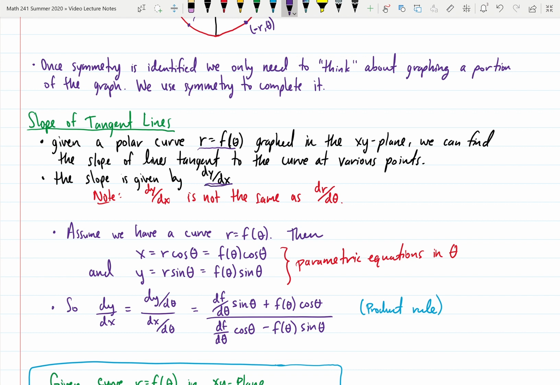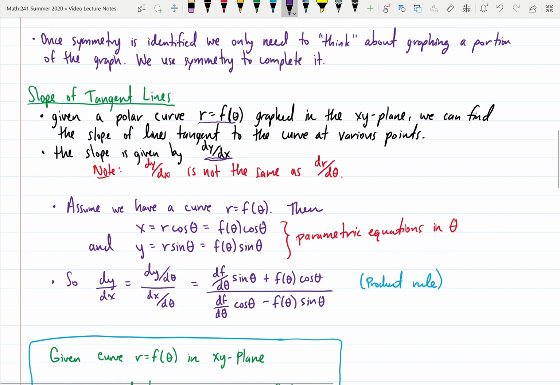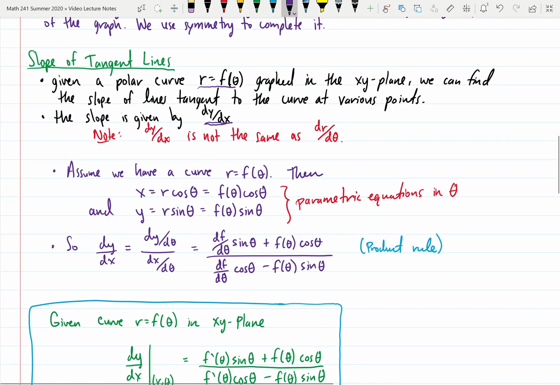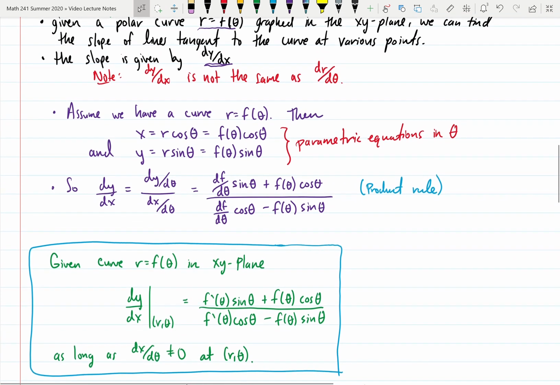But you should remember from Calc 2, when you talked about parametric equations, that dy/dx sometimes takes a bit of extra work to calculate. dy/dx is not the same as dr/dθ. If you calculated r prime with respect to θ and submitted that as dy/dx, you should not expect too much credit. They're very different things, so I'm going to prove that to you here.